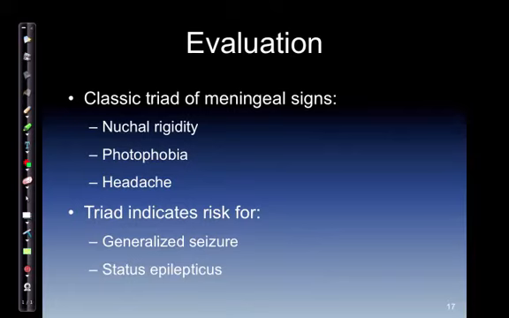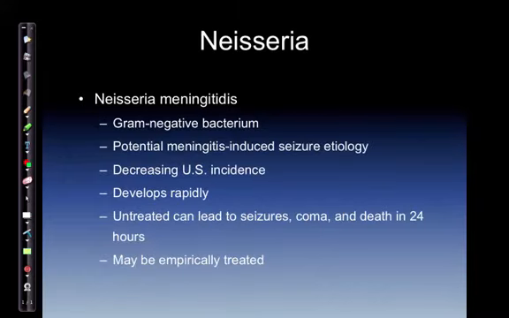Evaluation, classic triad of meningeal signs would be nuchal rigidity or stiff neck, photophobia, or the light hurts their eyes, and headache. The triad indicates a risk for possible generalized seizure or status epilepticus. Neisseria meningitidis, a gram-negative bacterium, is a potential meningitis-induced seizure etiology.